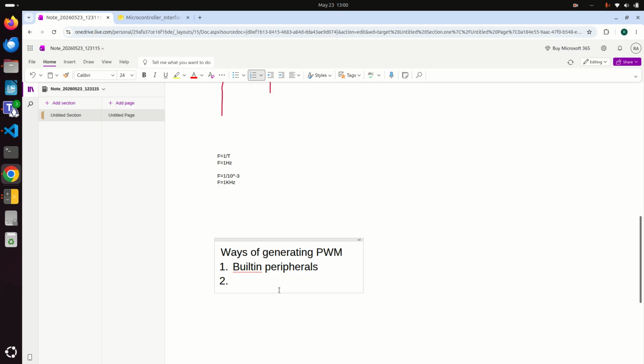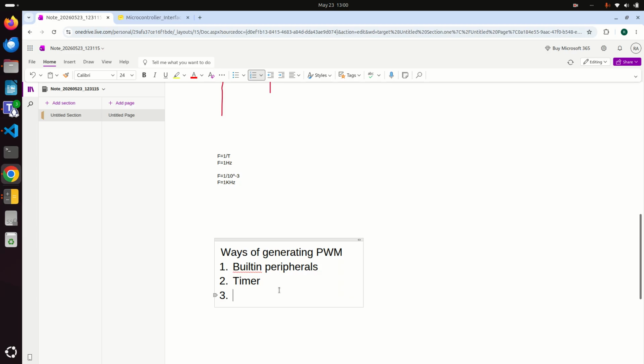If there are no built-in peripherals, then how to generate PWM? At that time you can go with the timer. We can generate pulse width modulation using a timer.